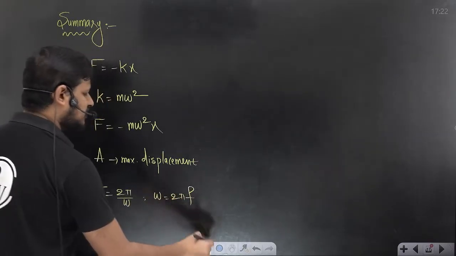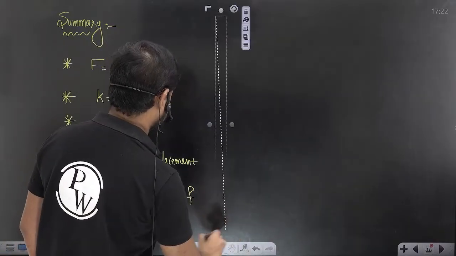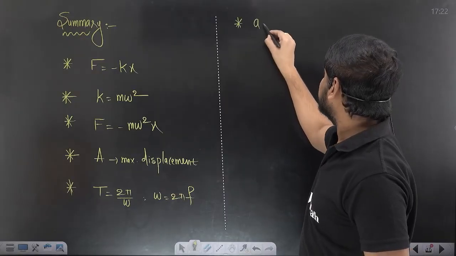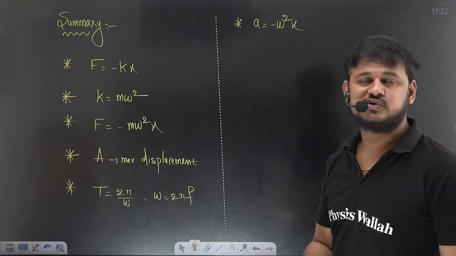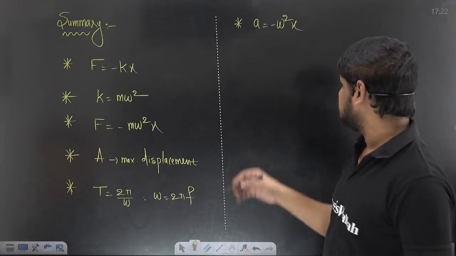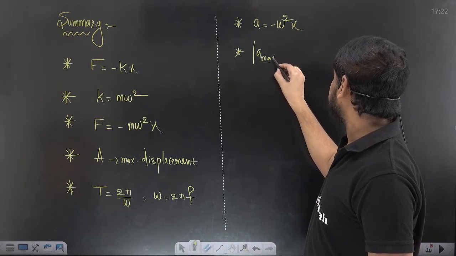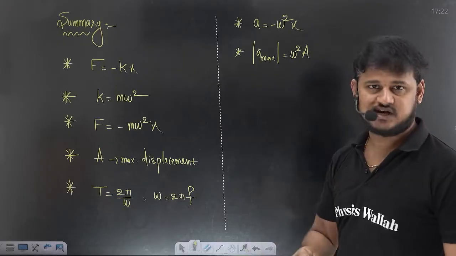So this also we learned. Next we have studied the acceleration. The acceleration is equal to minus omega square x. It is also always towards the mean position. And what is the magnitude of the maximum acceleration? Which is omega square a, or a omega square.